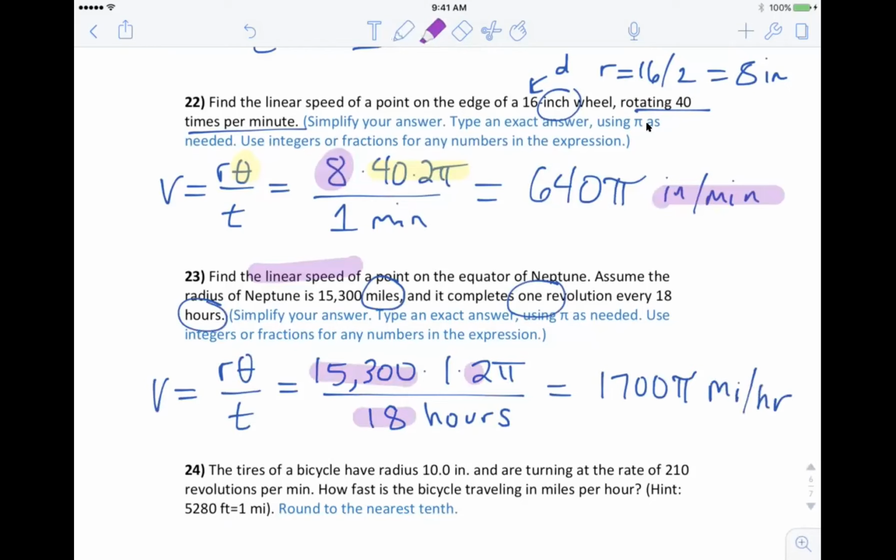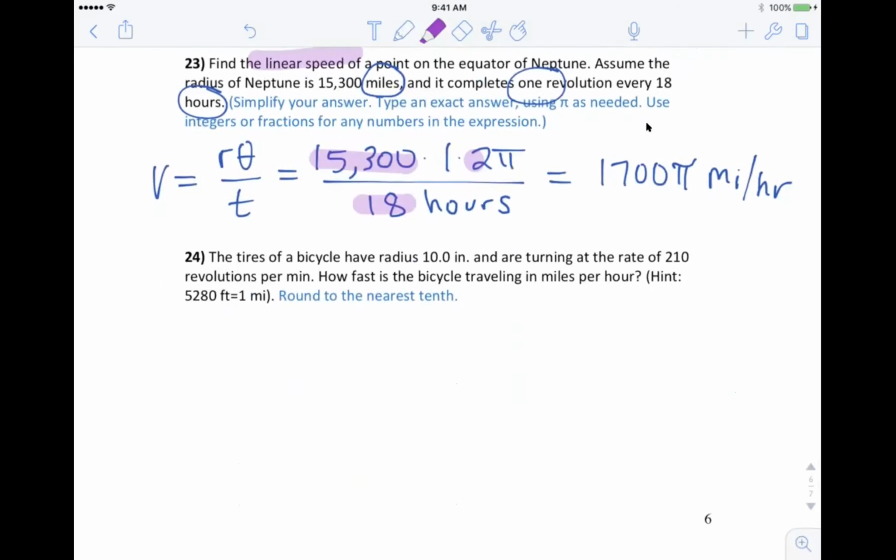Okay. Last one. Let's try this one. This one, we have a radius of 10, okay, and 210 revolutions per minute. How fast is the bicycle traveling in miles per hour? So right there, I know, because they talk about a distance per unit time, that's linear speed, right?